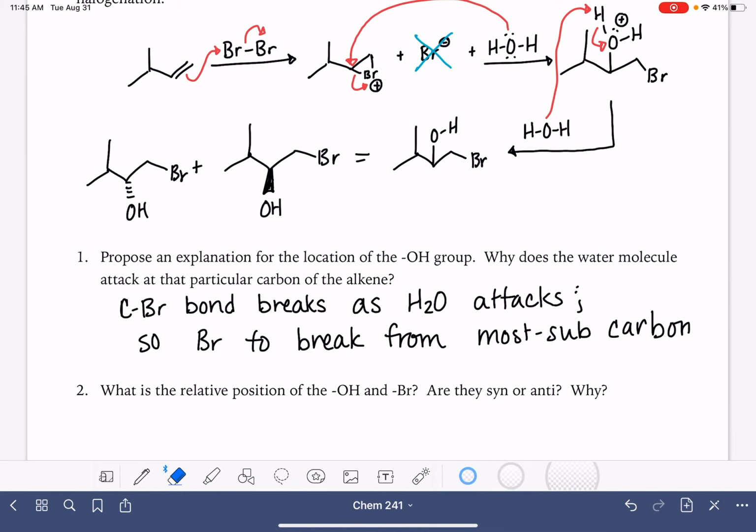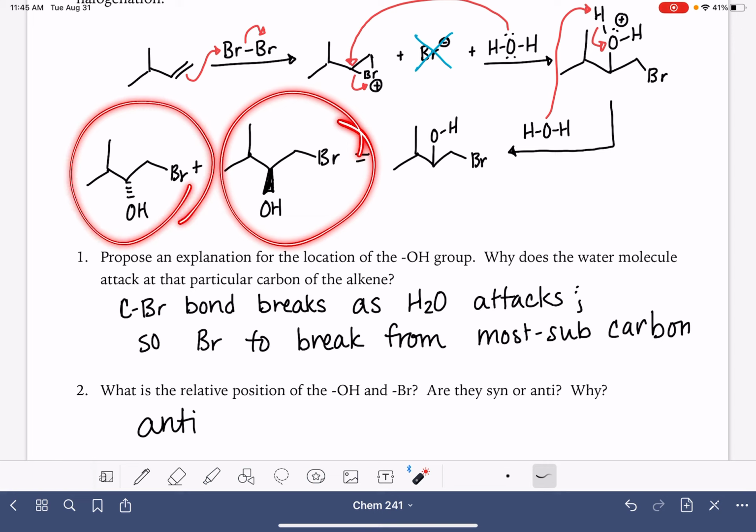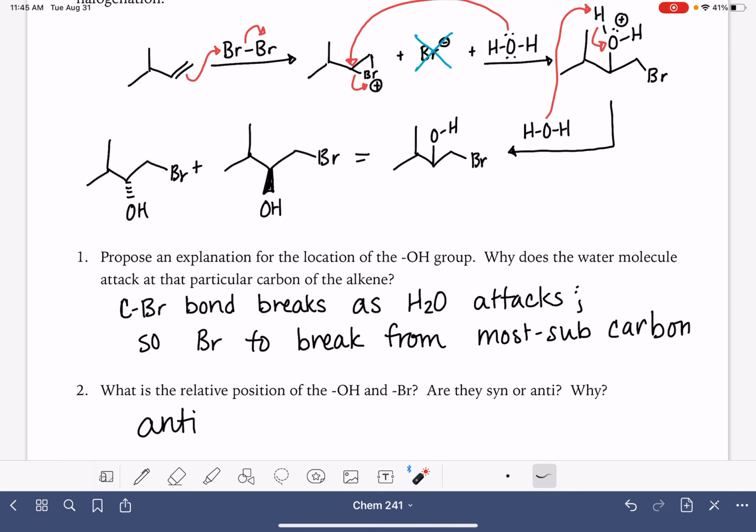What is the relative position of the OH and the Br? They are going to be anti to each other, which doesn't really show up in this particular case because the bromine is on a carbon atom that is not chiral. But if this carbon atom was chiral, we would definitely be showing that.